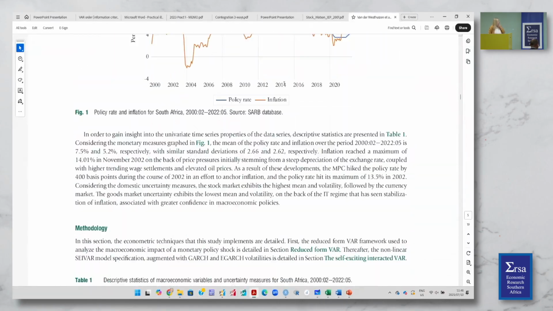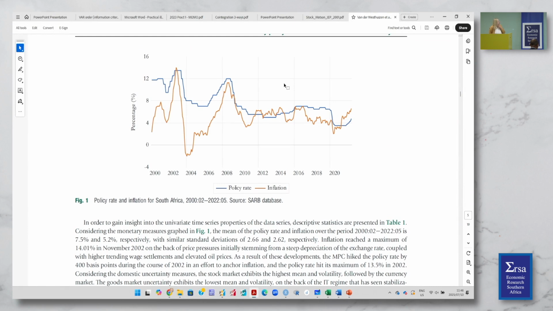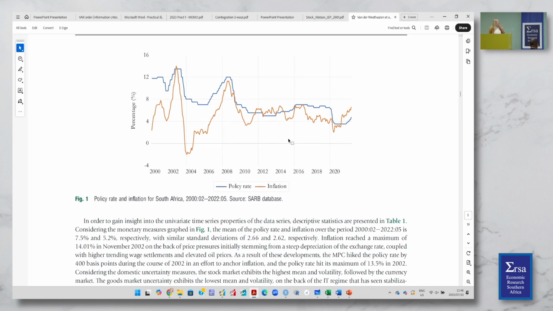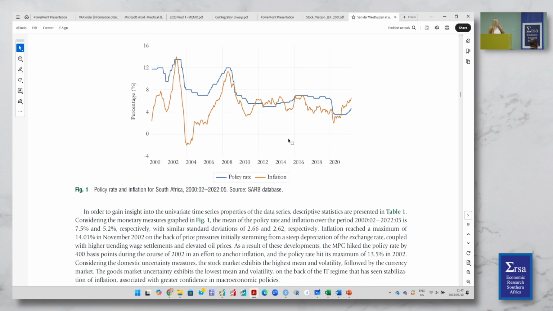So in this paper, we go back to the beginning. Obviously, the two important variables are policy and inflation. And this trend that we have in the inflation, it looks like we had high inflation and suddenly it went to below zero.